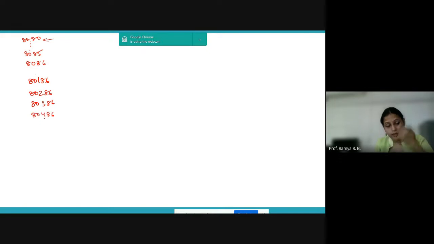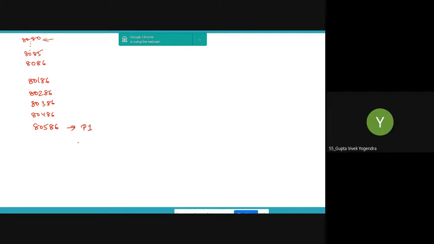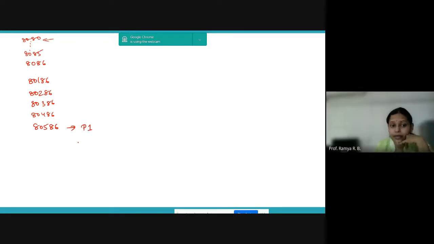80486, then came 80586. 80586 also has another name. Does anybody know that name? Pentium. Pentium 1. Okay, 80586 is also called Pentium 1.